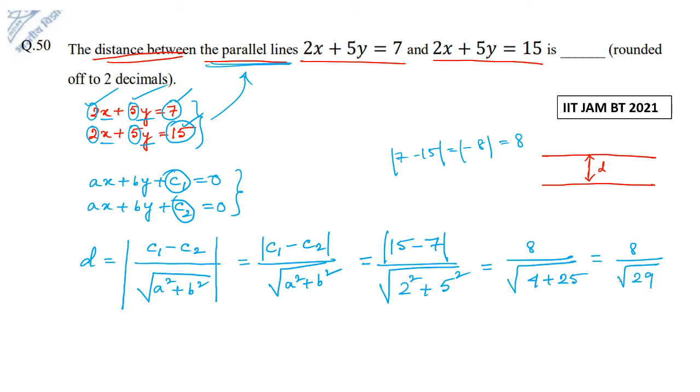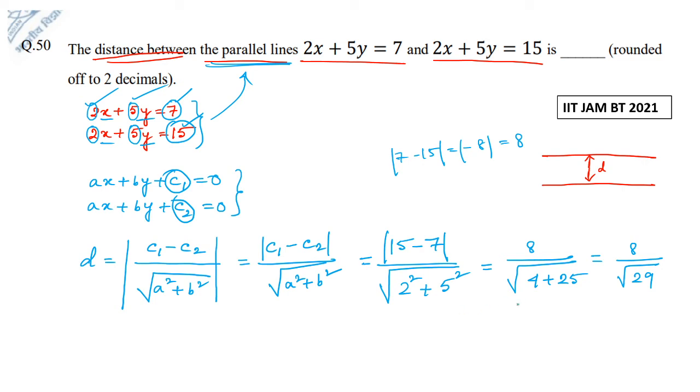Now we can't compute the root over 29 by ourselves. We need the calculator here, so let's directly calculate 8 divided by root over 29.